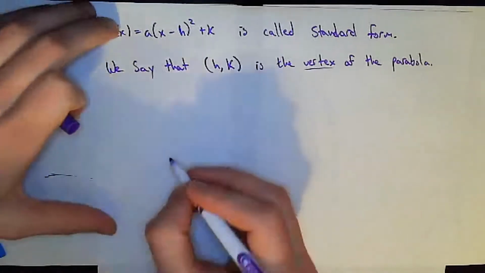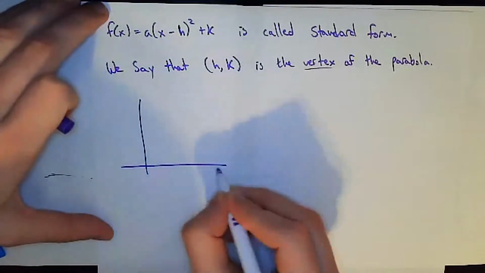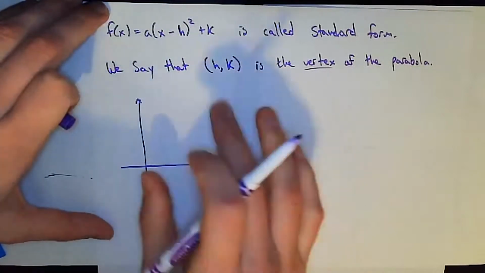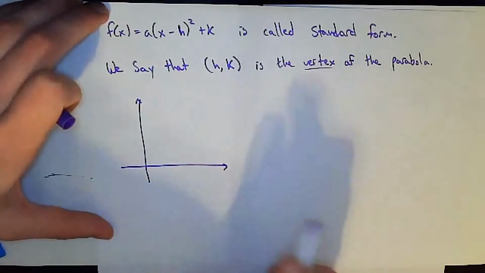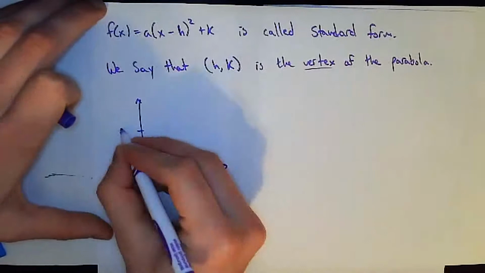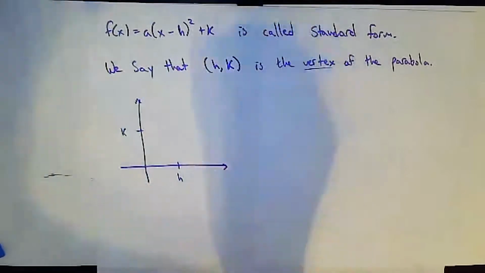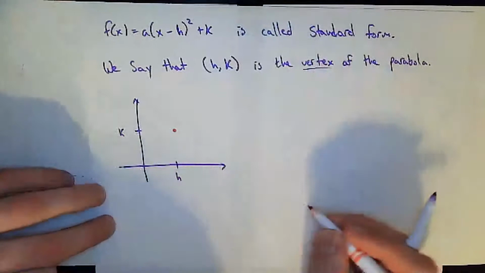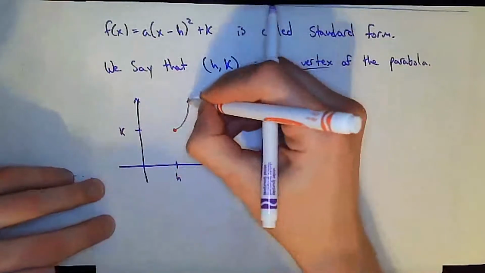So if I was to draw just a couple little examples here, just in the first quadrant to keep it easier, some point out here h and some point up here k, and then maybe I have some parabola with vertex at h, k pointing up.